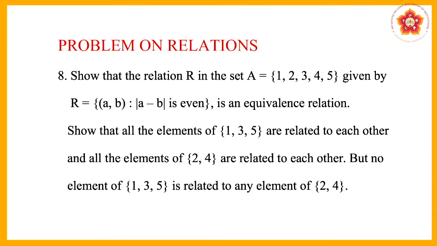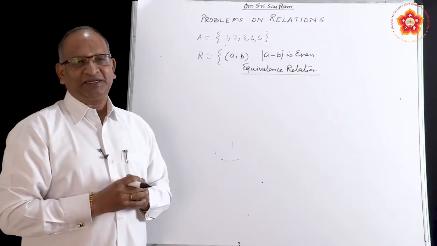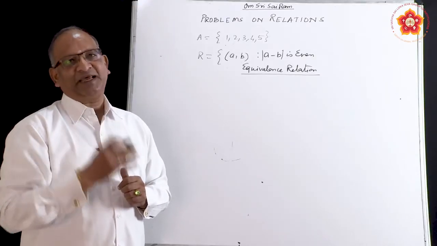Let us first take the first part, where he is asking us to prove that it is an equivalence relation. And to prove that, let us take up one after the other.